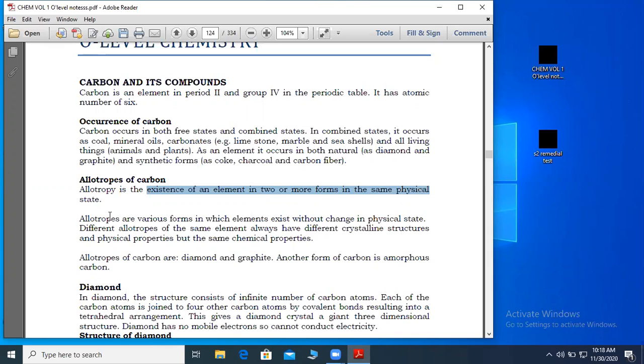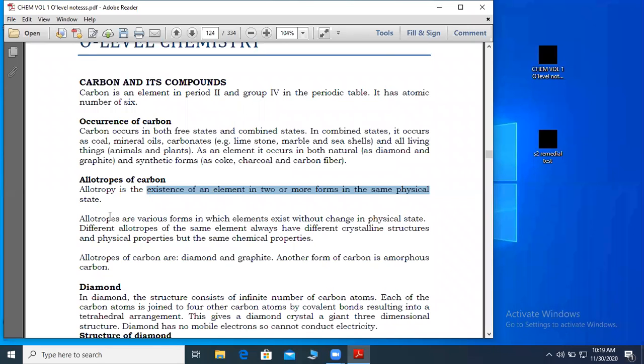Now, those elements, like I told you, carbon can exist in more than one form. It can exist as diamond, it can exist as graphite. Graphite is an allotrope of carbon.